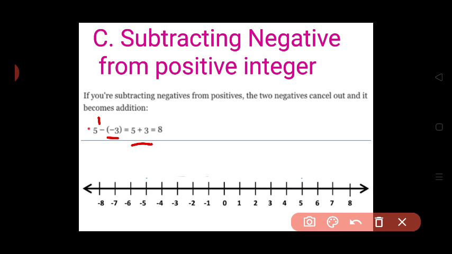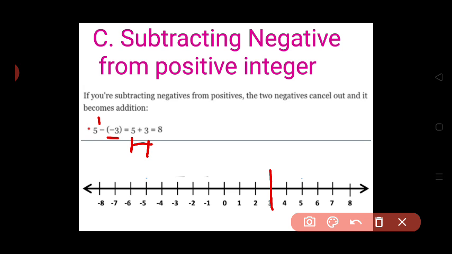Again, how do we represent this on the number line? We have to find the displacement from B, that is 3, to A, that is 5. So 3 on the number line, because this is positive, so 3 is here and we have to move 5 more steps because 5 is also positive. That means we have to move in the right direction.